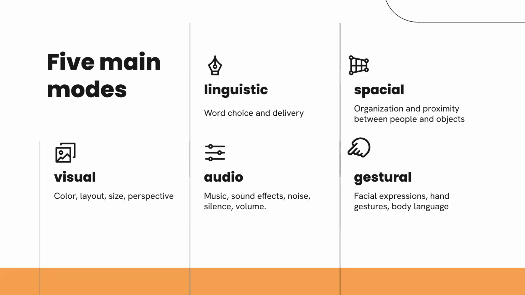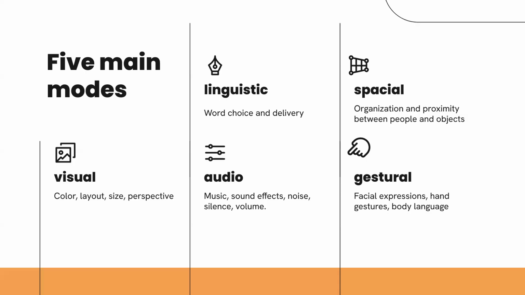Then we have spatial. What is spatial? If you put two people very close together, that can probably mean one thing if you see them. But if you put them in the same chair and they are very, very far apart and they are looking away from each other, that would indicate something different. And the only thing that changed is the position and the proximity and the direction of those two people.